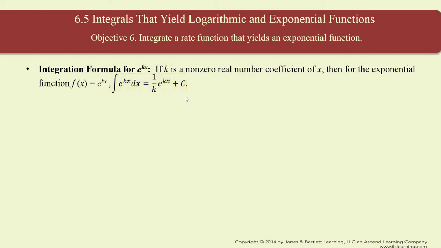I'd know this formula if I were you. I found it very handy, very beneficial through my math career. Integrating something of the form e to the kx dx has popped up quite a few times, and it's always nice to know quickly what the antiderivative is.